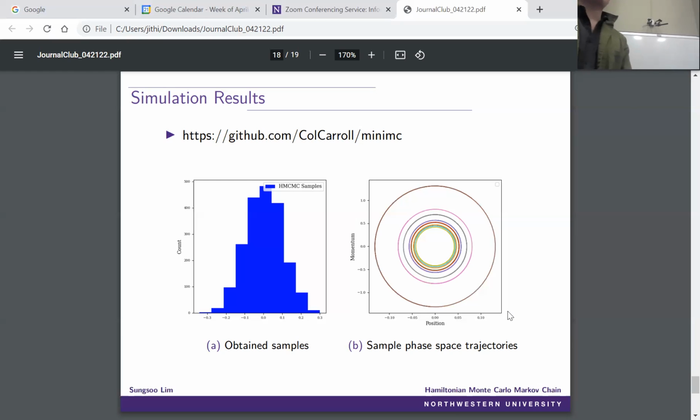Do the colors mean anything in the second part? Oh, no. I'm wondering if this algorithm gives you more samples near zero or fewer samples away from zero.